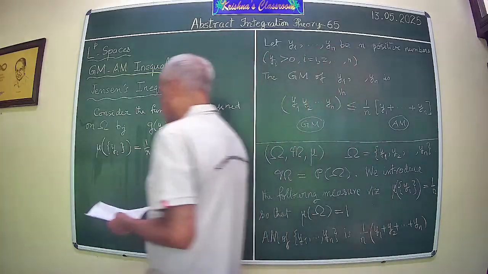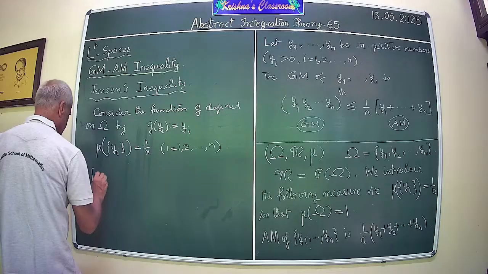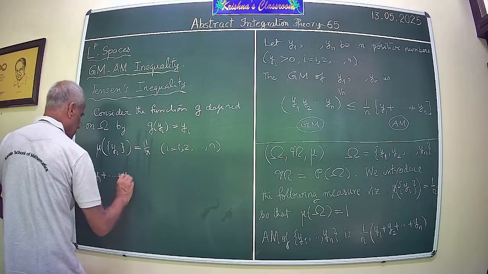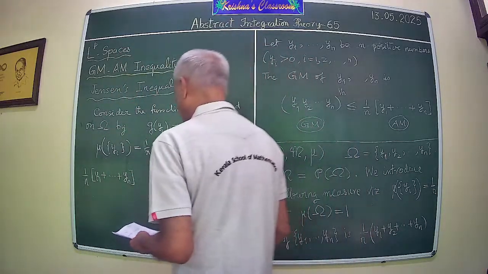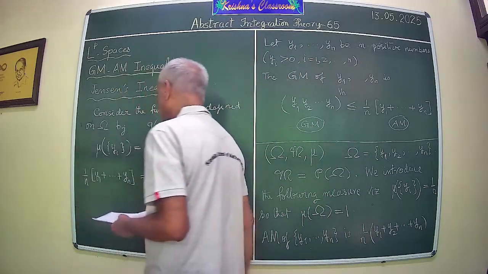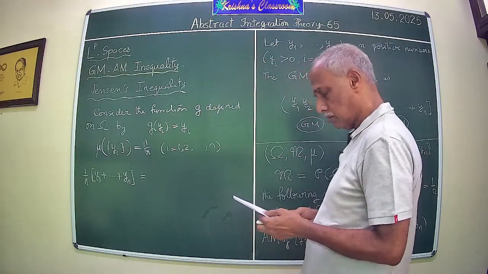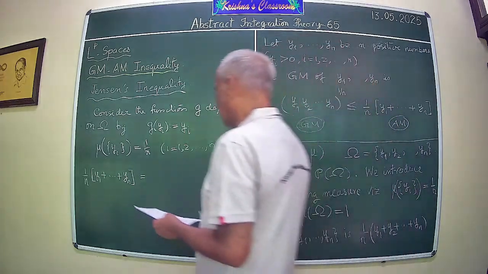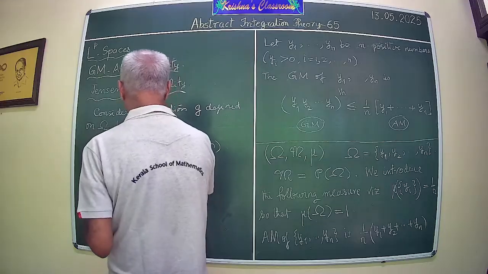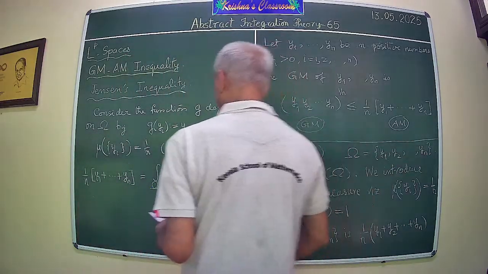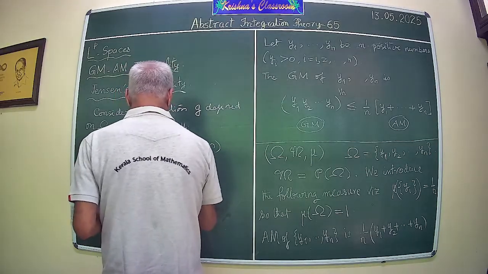Therefore, how do you write this sum? The sum y1 plus up to yn we can write in the following way: the integral over omega, where omega is the set y1, y2, up to yn, of g d mu.